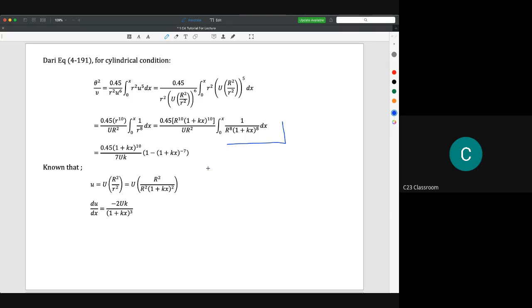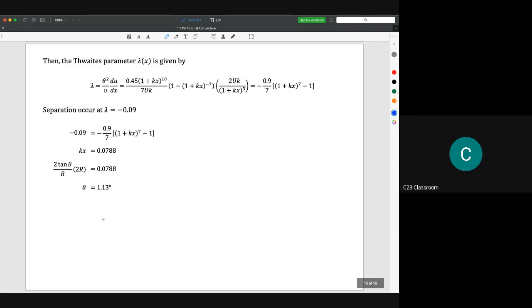Then we calculate du/dx. We know the value of u is here, and we substitute the value of r with this term, and then we have du/dx equal to this. Why do we need to differentiate du/dx?